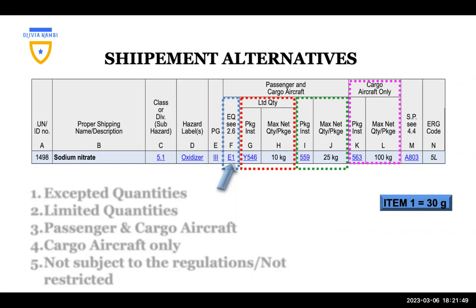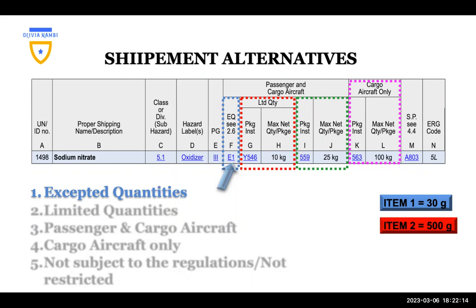So all that information is not given to us here under the list of dangerous goods, but rather on table 2.6.A. So item 1 is going to be shipped under the provisions of accepted quantities because the actual net quantity is within the limit for E1.